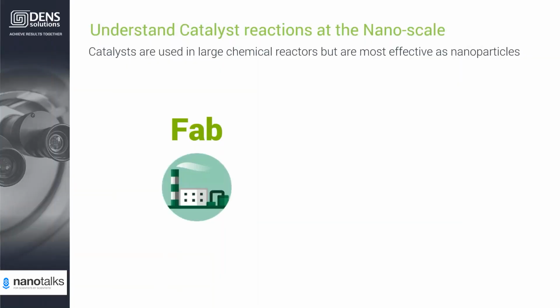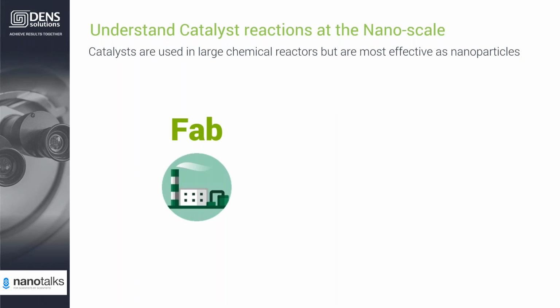So for catalysis, you have a bit of an issue in scale and size. Catalysts are used most of all in fab environment, large-scale chemical processes where you have reaction vessels of 10 meters or maybe more, so really huge.